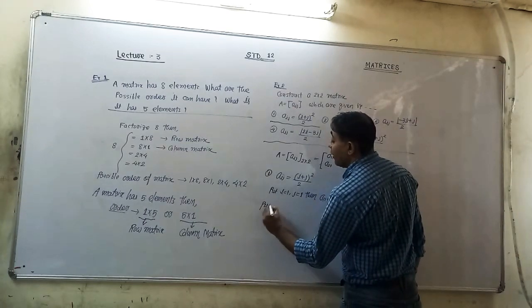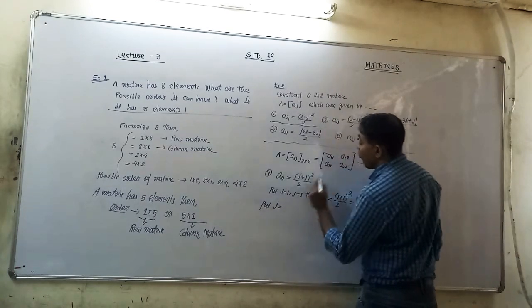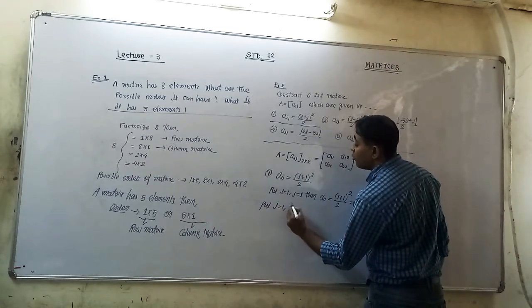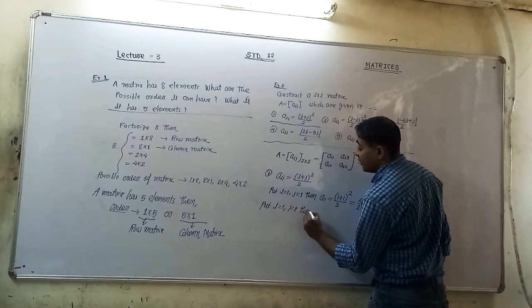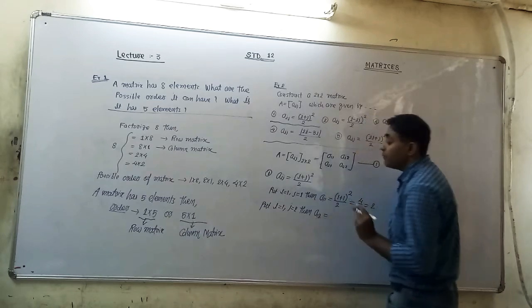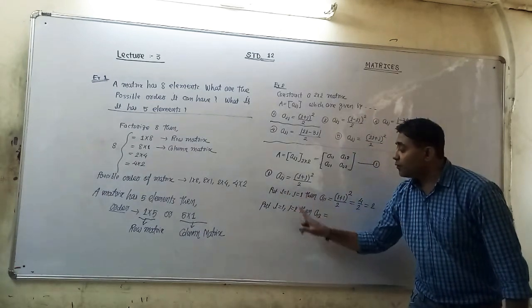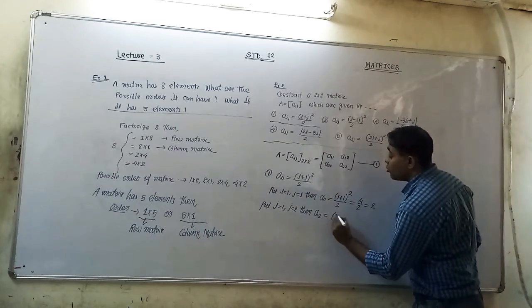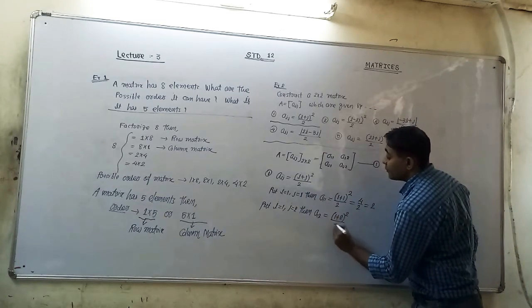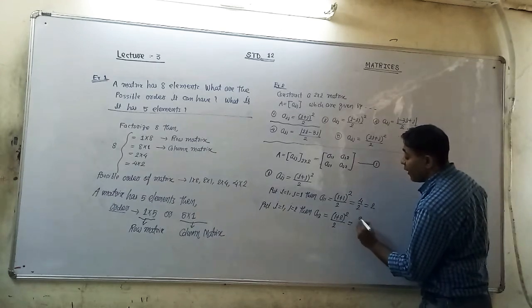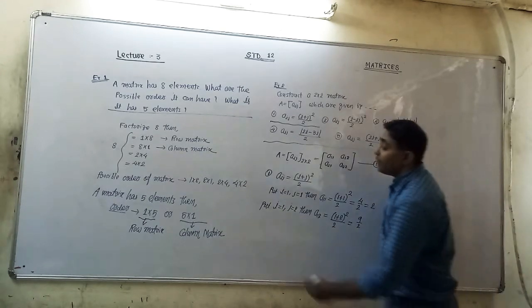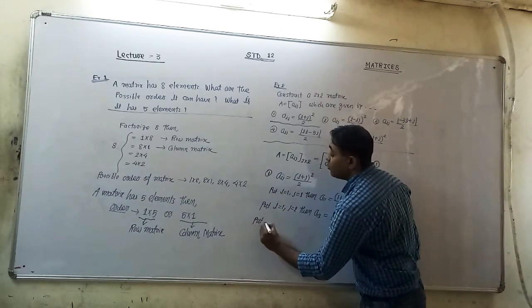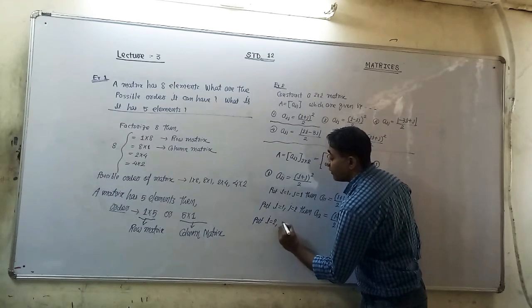Similarly put i equals 1 and j equals 2. Then we get A12. i is 1, j is 2, (1 plus 2) whole square by 2. 1 plus 2 means 3, square is 9, by 2. Similarly put i is 2 and j is 1.